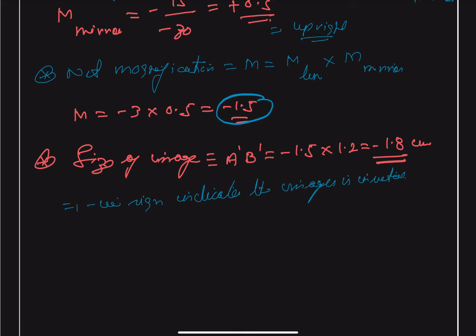Now we have to find out the location of A prime and B prime with respect to the optic axis RS. So we need to find out A prime and B prime with respect to the optic axis, and the optic axis of the mirror.